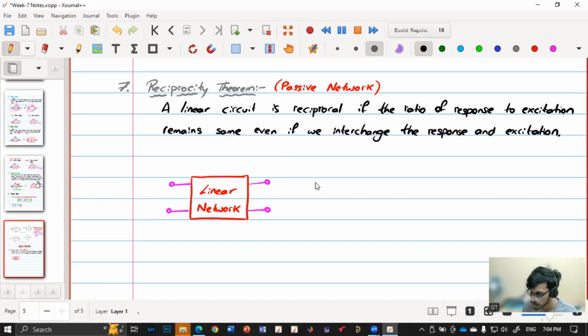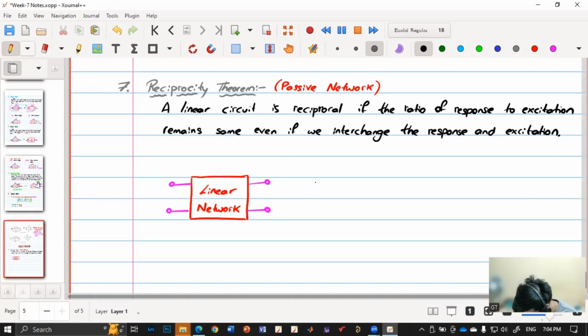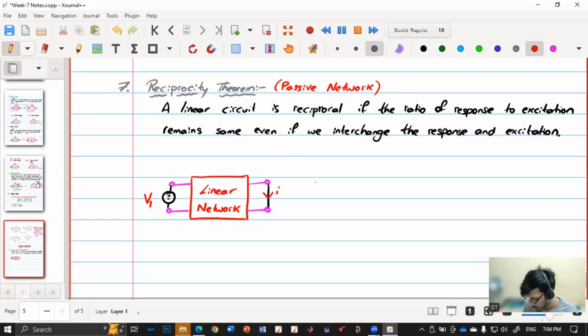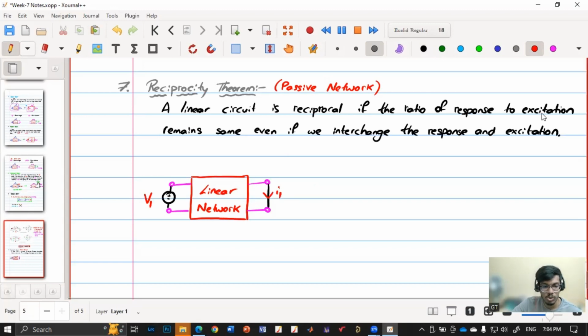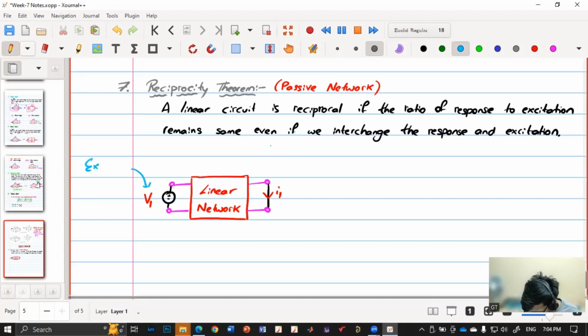Say on the input side we are exciting with a voltage source, and the output side we are shorting. Say the voltage is V1 and the current is I1. So in this case, this is our excitation and this is our response.